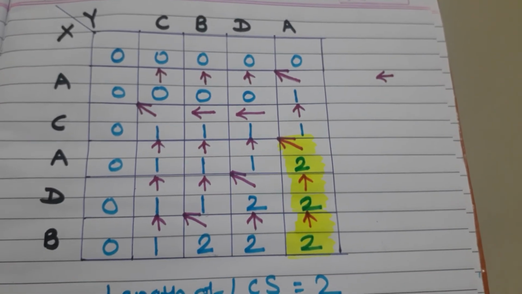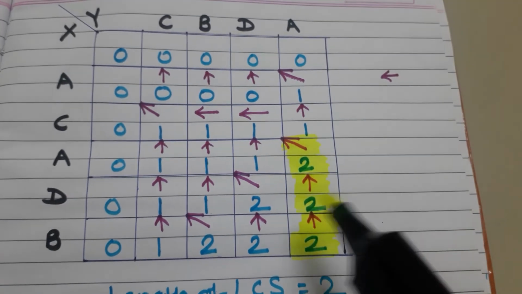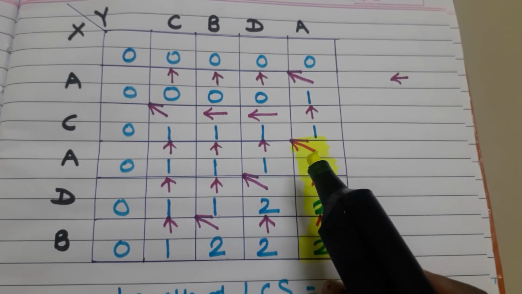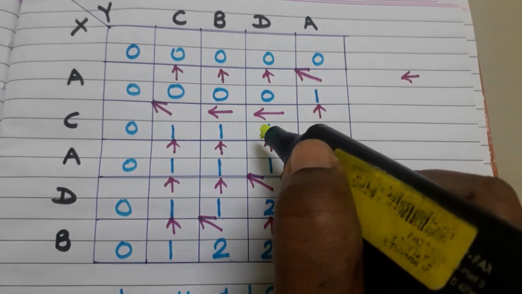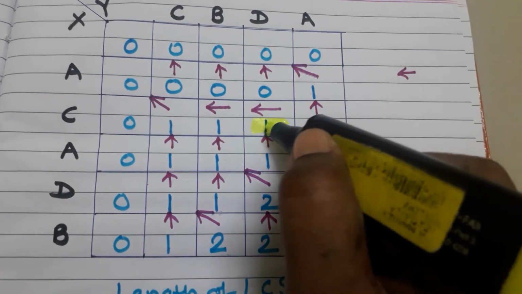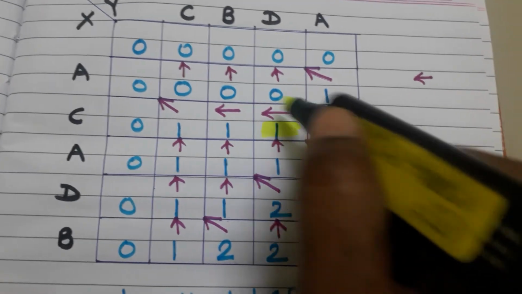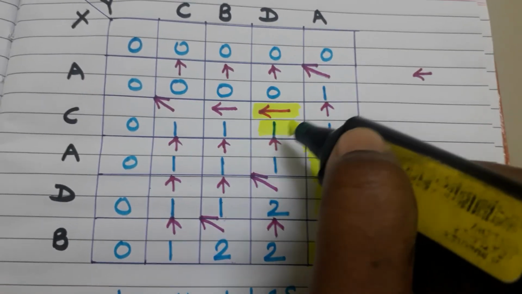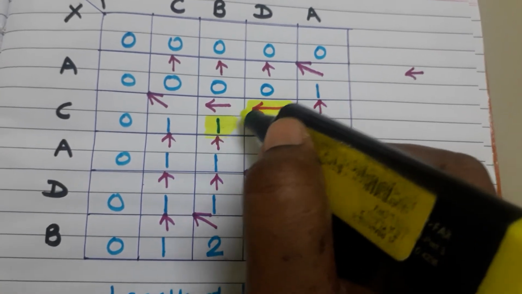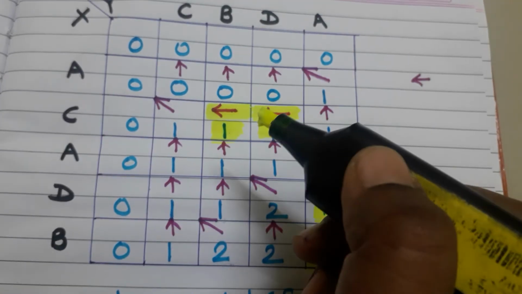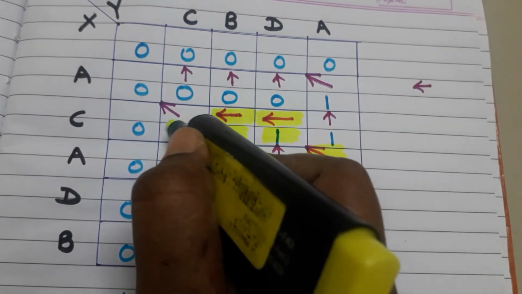Now this diagonal arrow points to this cell, so we will highlight this one. Now it points to the previous column, so we will come here. Again it points to the previous column, so again we will come here.